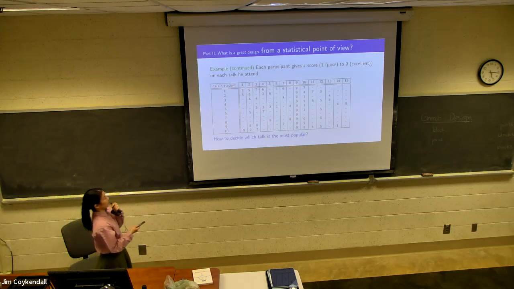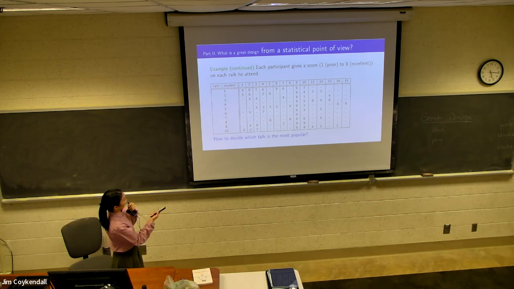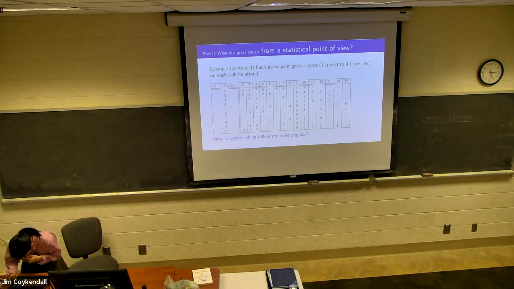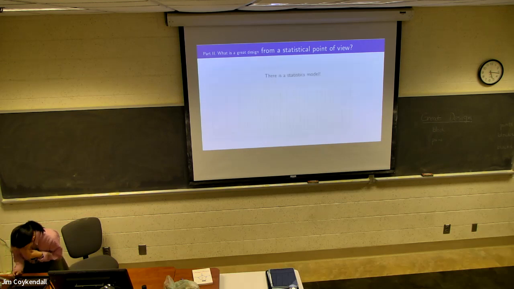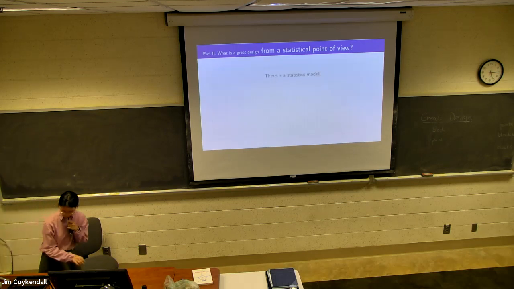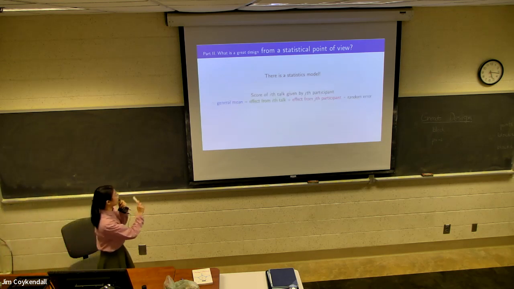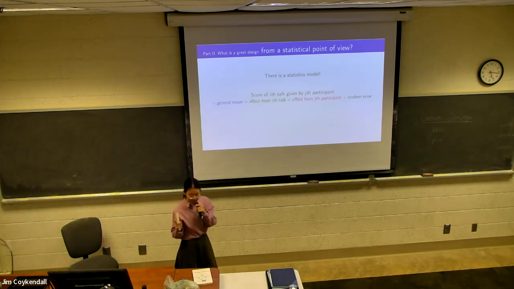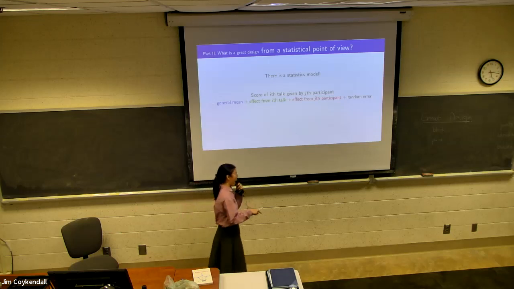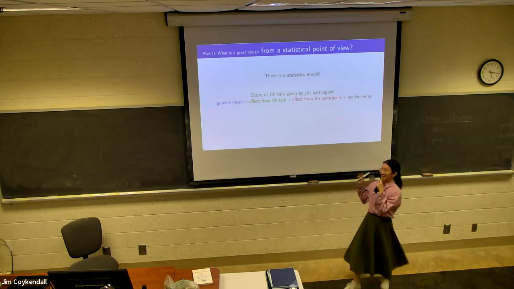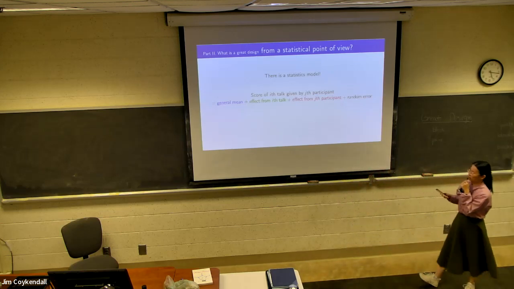We can't force any participant to attend a talk, so we end up with a score sheet like this. Statisticians have a method to deal with this. There is a model, and the model is not that difficult. It says that they can predict the score of the I-th talk given by the J-th participant, even if that participant didn't attend the talk.